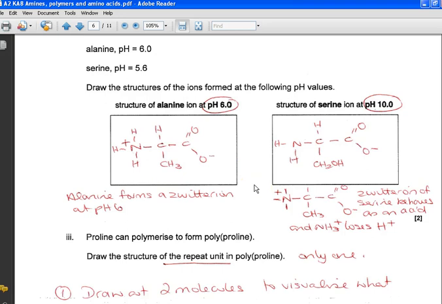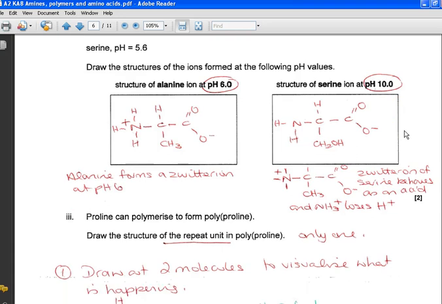But for the serine, they've said at pH 10, obviously that's an alkaline, it's going to behave as an acid in an alkaline solution. So this is what your zwitterion would look like for serine behaving as an acid, so your NH3 plus, which you would normally have here in the zwitterion, has lost a hydrogen, i.e. it's donating a proton.